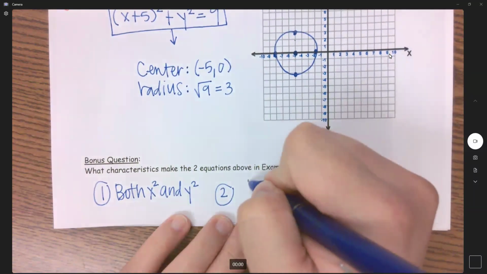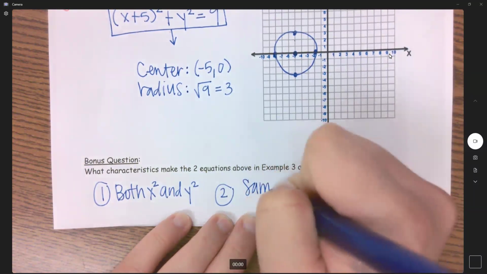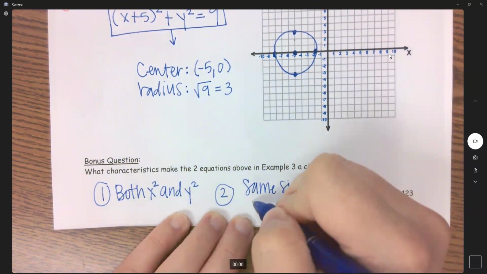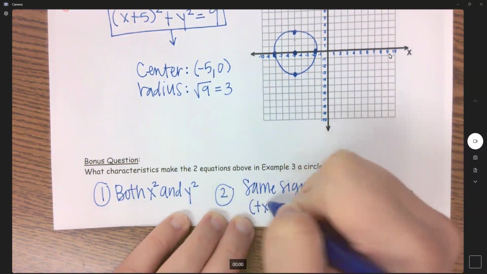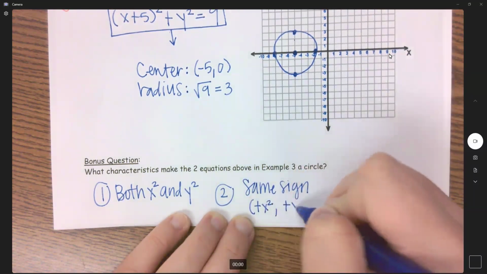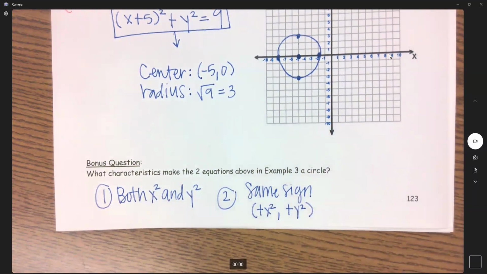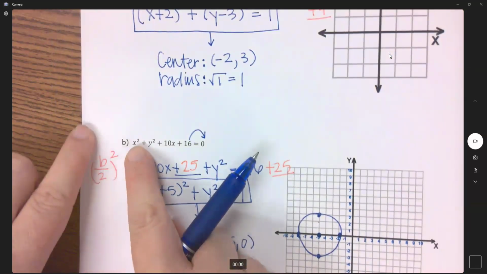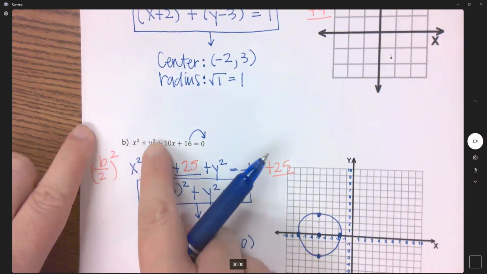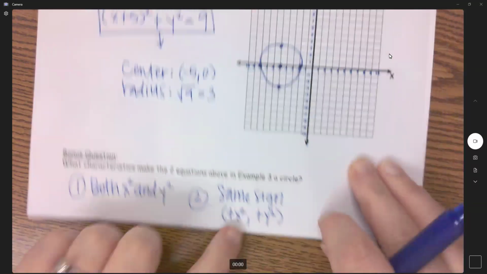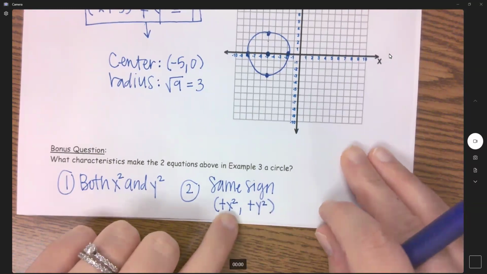Because these have the same sign, we have positive x squared and positive y squared. That means it's either a circle or an ellipse. So even if this was negative x squared minus y squared, if they were both negative, that would still be okay. So they have the same sign. In this case, they're both positive.